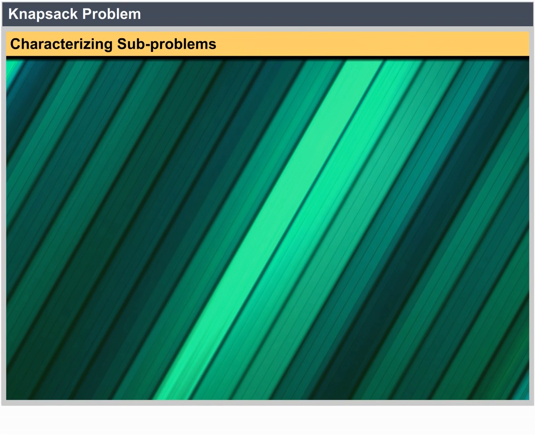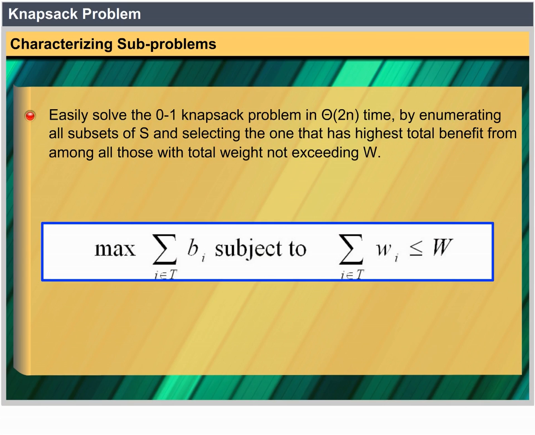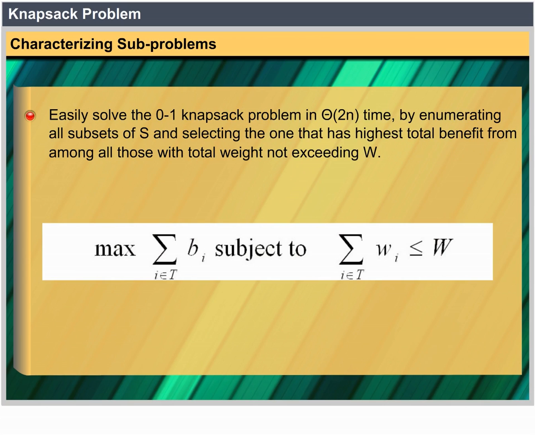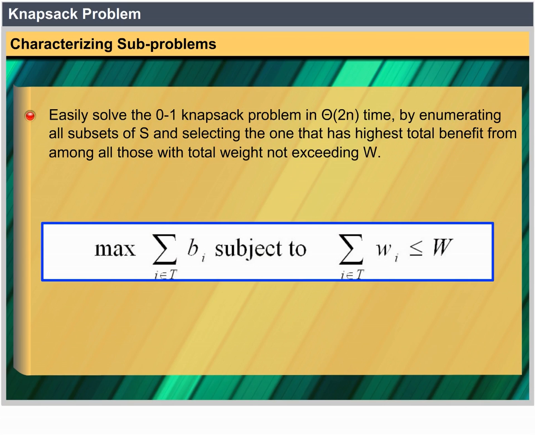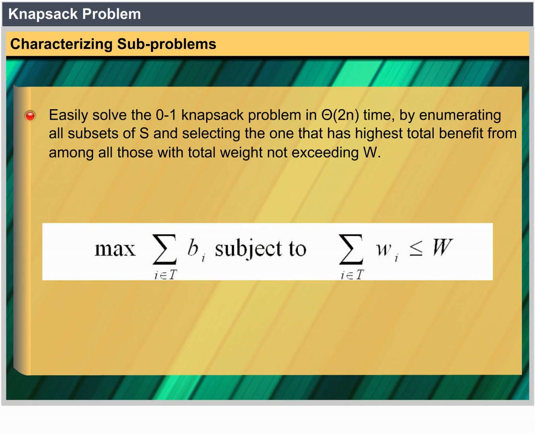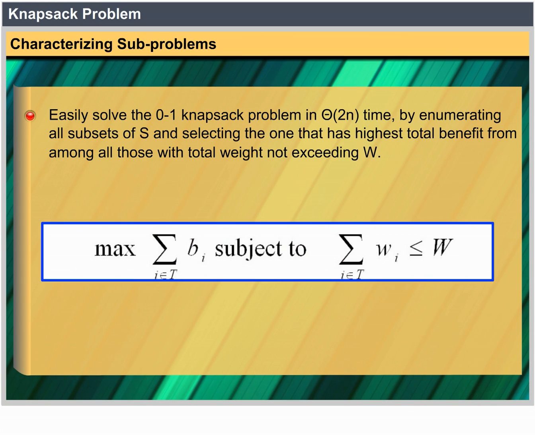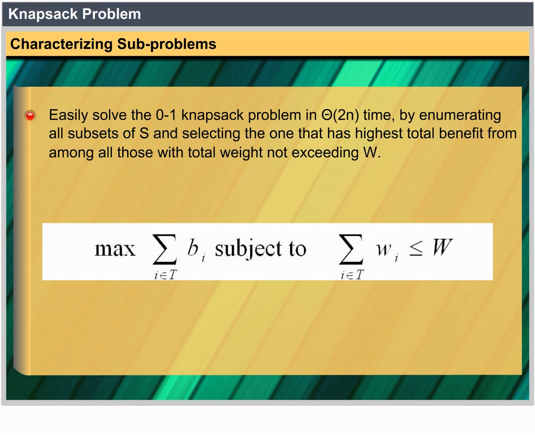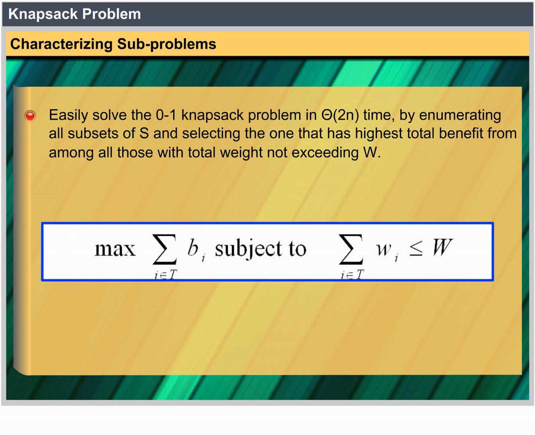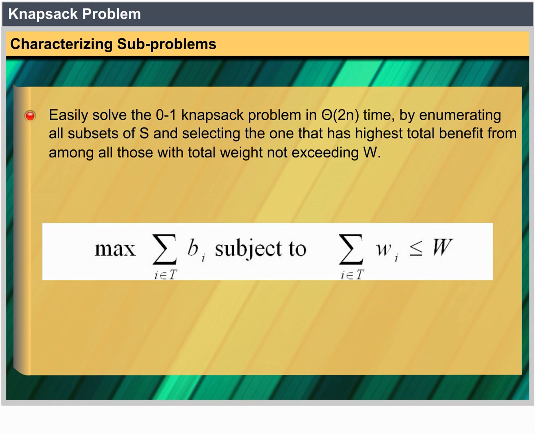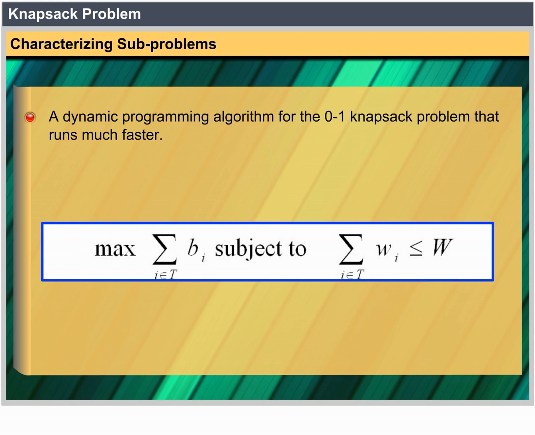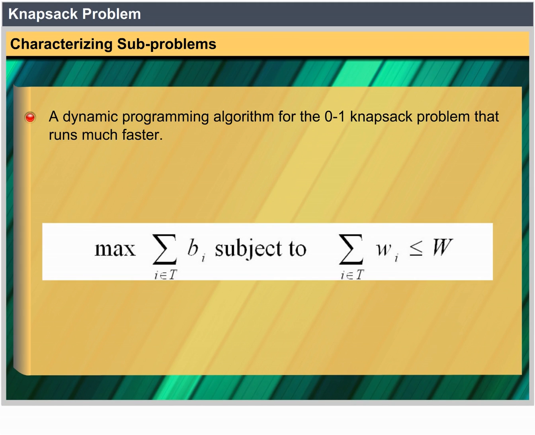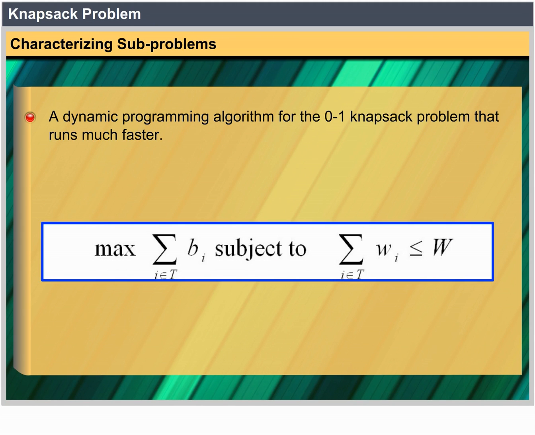Characterizing subproblems. We can easily solve the 0-1 knapsack problem in theta of 2^n time by enumerating all subsets of S and selecting the one that has the highest total benefit from among all those with total weight not exceeding W. There is a dynamic programming algorithm for the 0-1 knapsack problem that runs much faster.